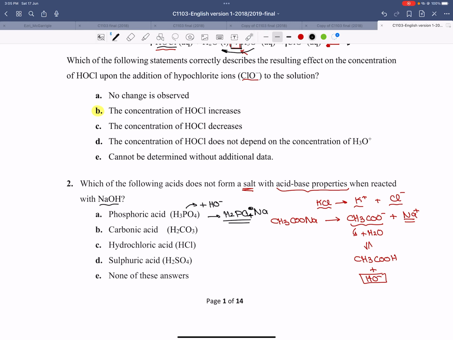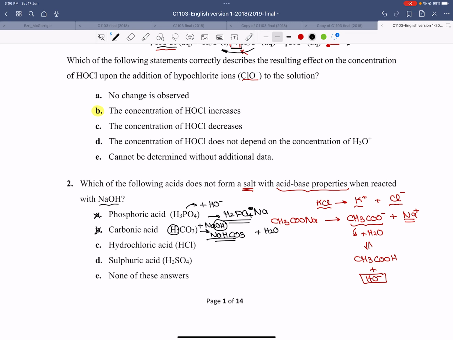This has acid-base properties. Let me put NaOH so we don't make a mistake. Basically the OH and one of the protons will give off H2O. What you will get is NaHCO3. This is a salt. This salt would dissociate in water to give HCO3 minus, which has acid-base properties. So it's also not this one.